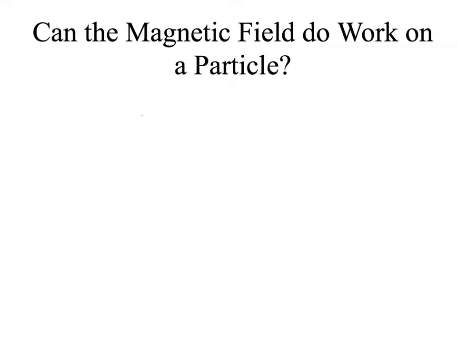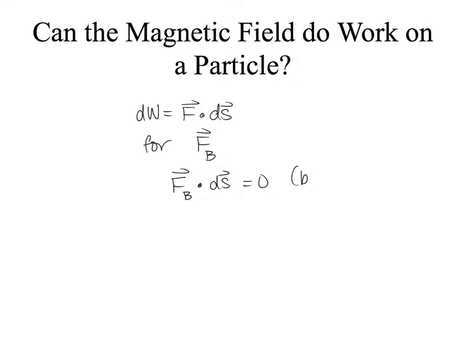So when we're thinking about work for the force on a charge in a magnetic field, F_B dotted with ds equals 0 because they're perpendicular. So it doesn't do work. The answer to this question is no.